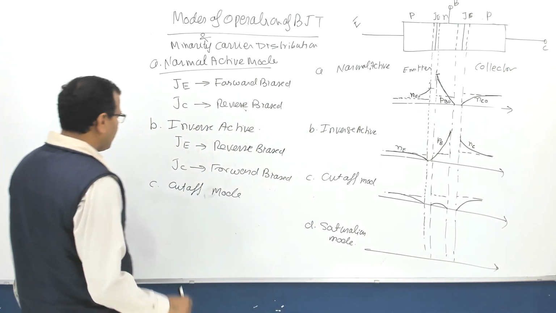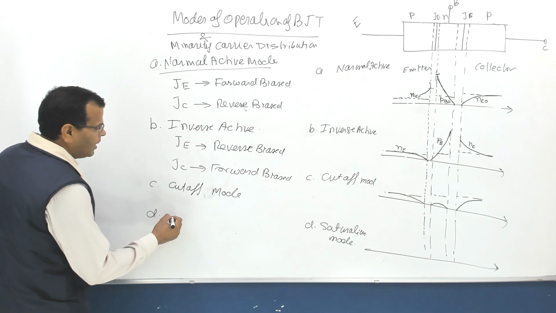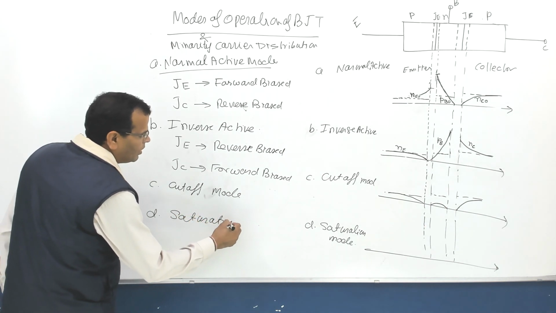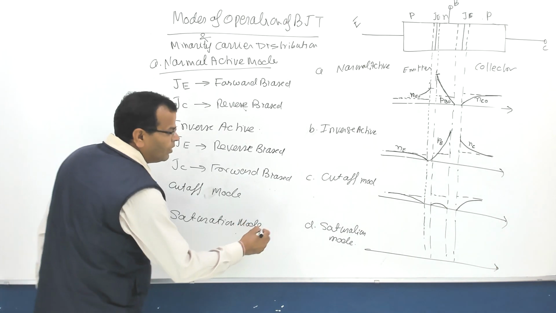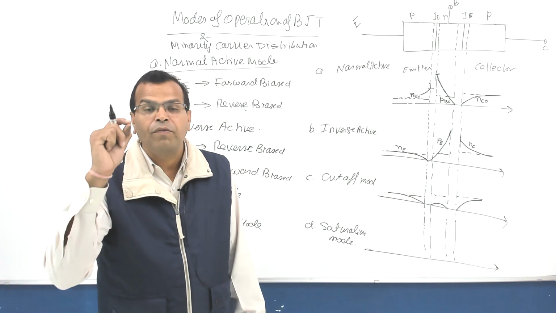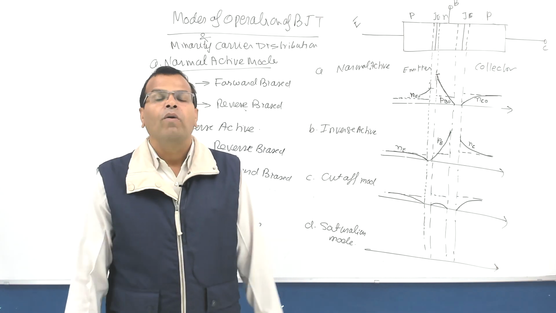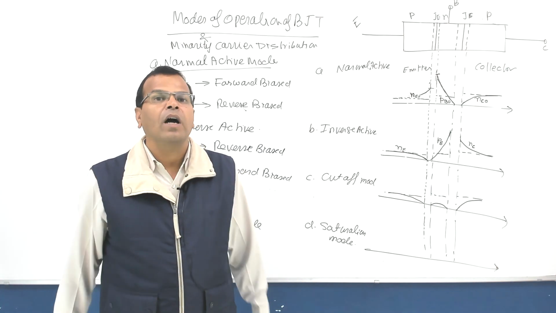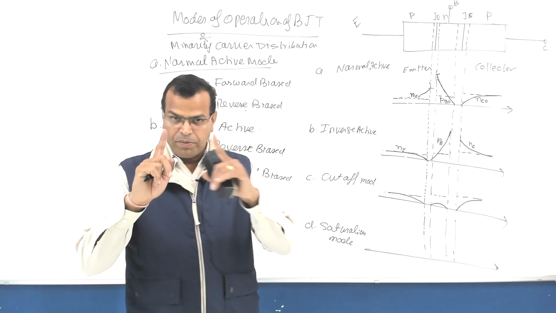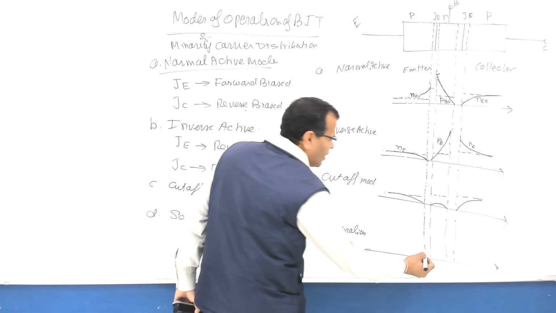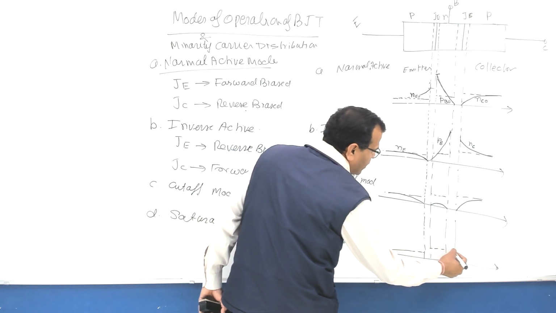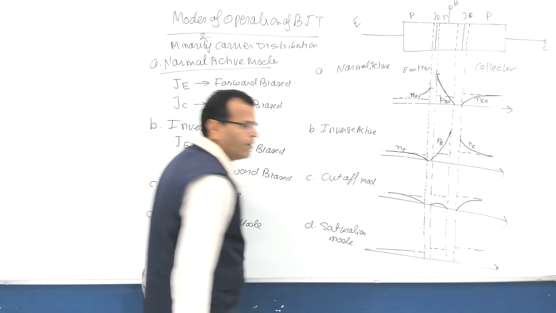Now let us talk about the last mode, that is your saturation mode. And what is the saturation mode? In this mode of operation, both emitter junction and collector junction are forward biased. When emitter and collector junctions are forward biased, the concentration will be maximum at the junction. So here concentration is maximum, this is the steady state level, right?